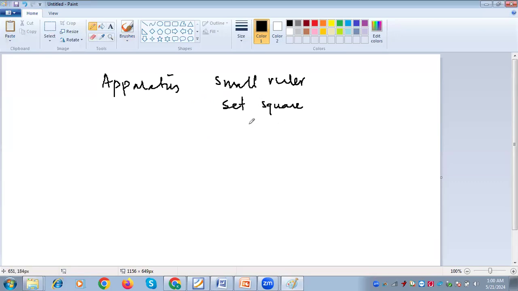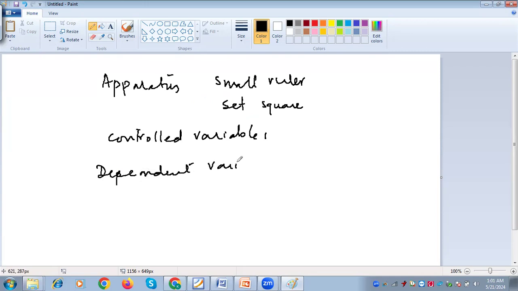Now we have two quantities: the controlled variables, which are kept constant, and the dependent and independent variables.